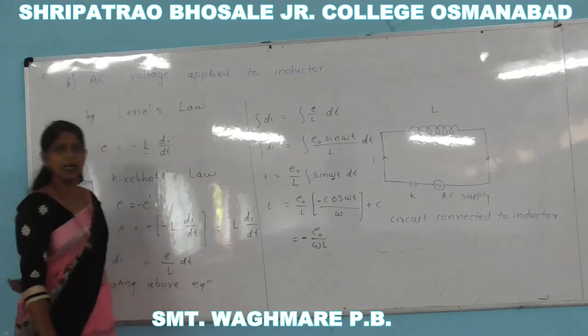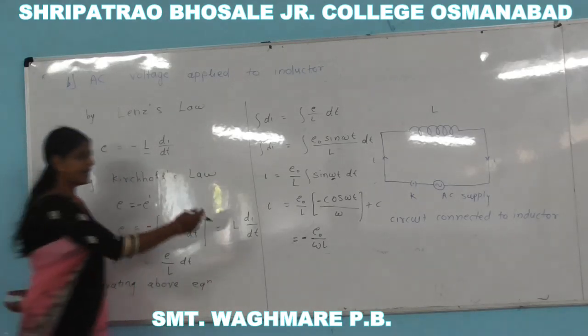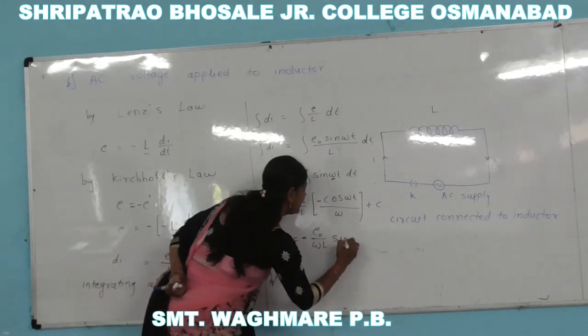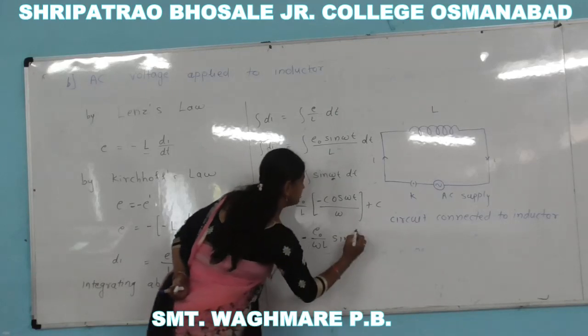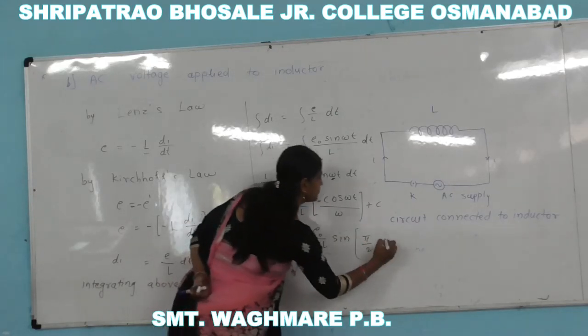Cos x is equal to sin pi by 2 minus x. We can use this formula here, and therefore we can write here sin of pi by 2 minus omega t.